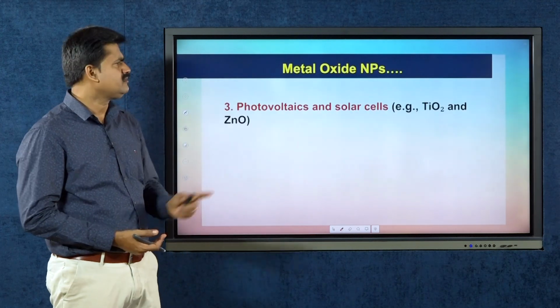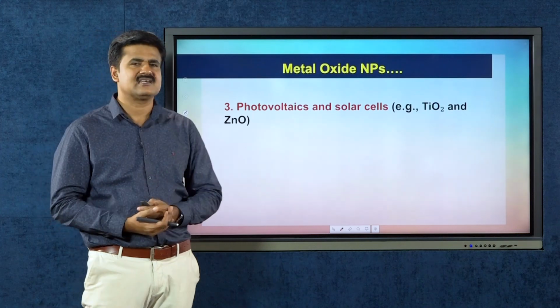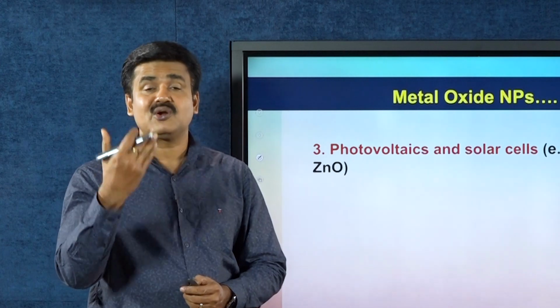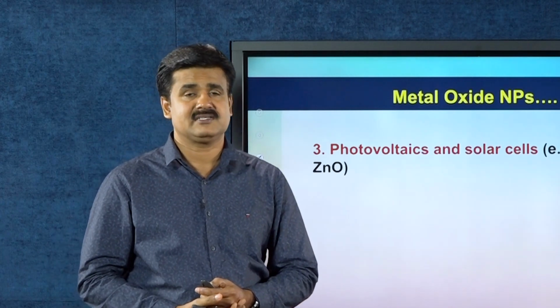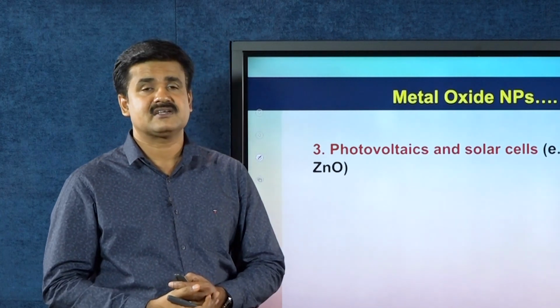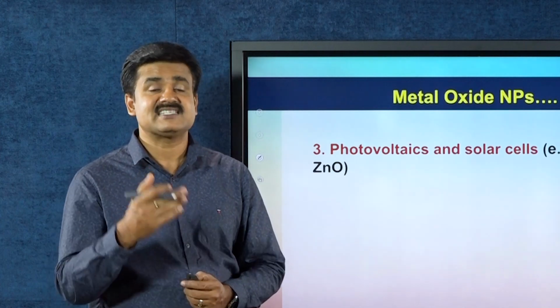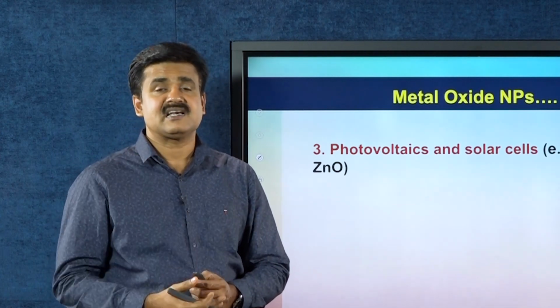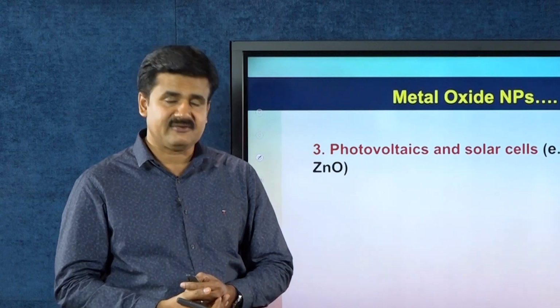Now, the metal oxide nanoparticles are useful in photovoltaics and solar cells. What are photovoltaic devices? You are familiar with that. These are devices which convert energy from a photon, that is energy from light, into electricity. Solar cells are light energy harvesting devices.